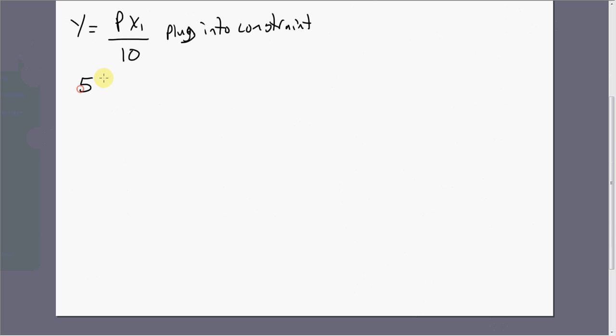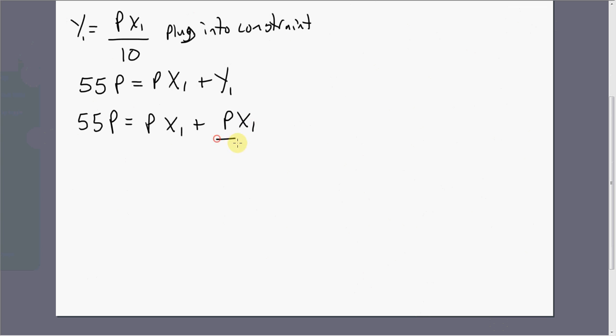Let me rewrite our constraint from before. So this is y1. Where we ever see the y subscript 1, we're going to plug that in. And now we're going to solve for the demand for good X.